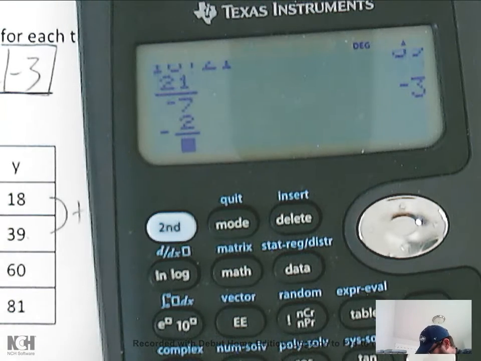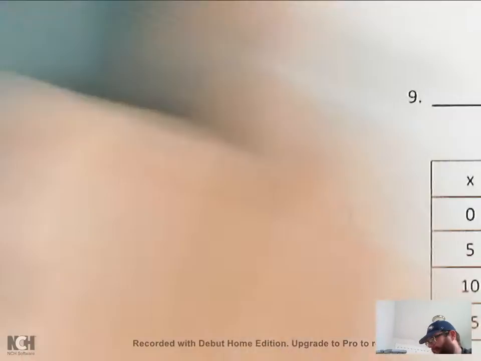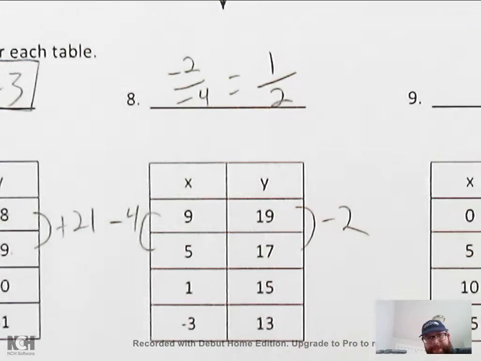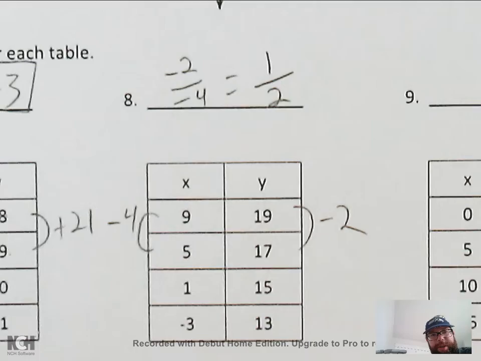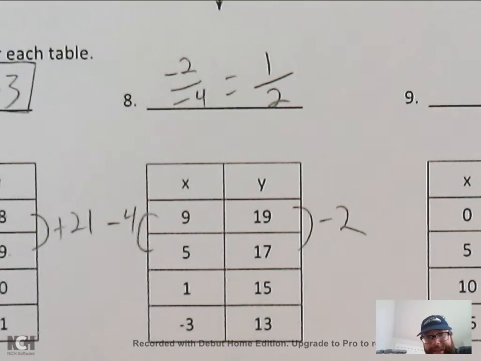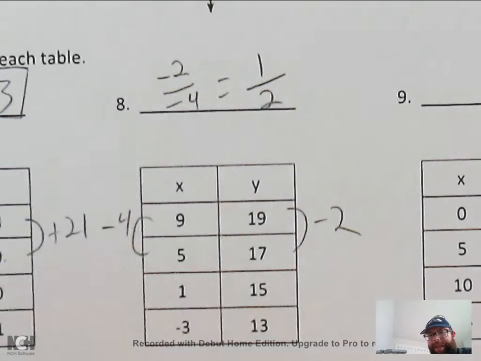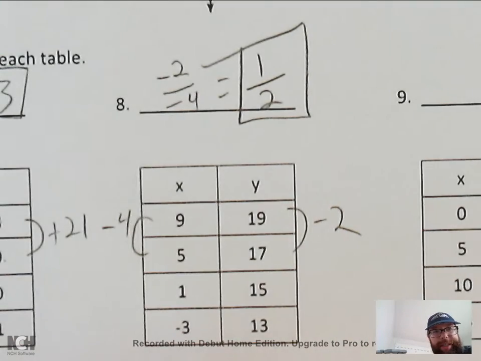Negative 2, fraction button, negative 4 is going to be 1/2. Yep, look at that. Positive 1/2. Now, if you wrote negative 1 over negative 2, while technically right, it's also going to be marked wrong because those negatives would cancel each other out. Okay? That is the answer we want to see.